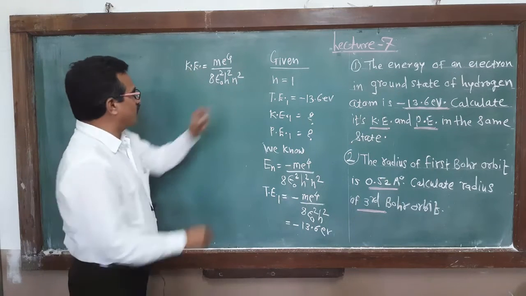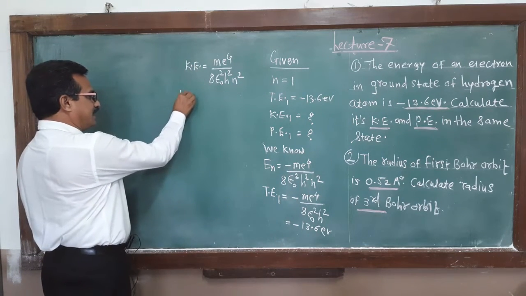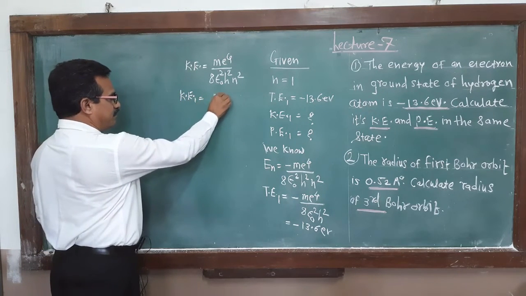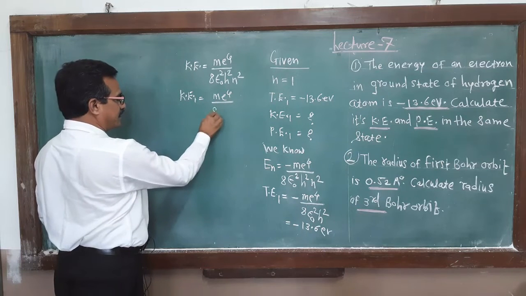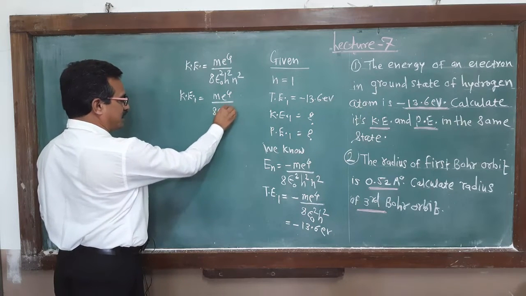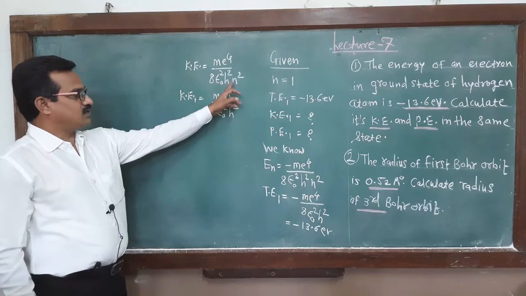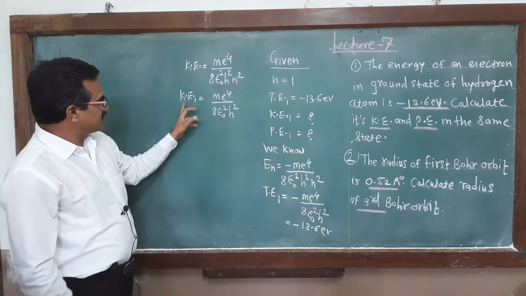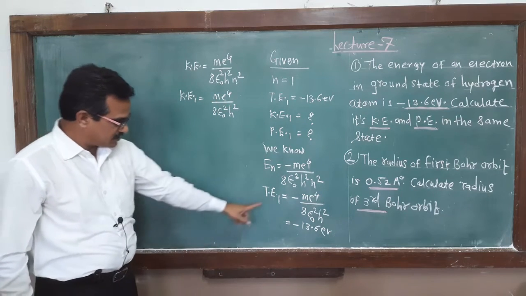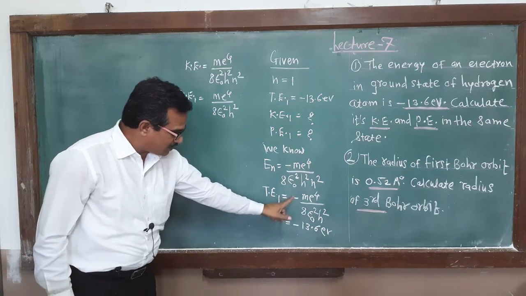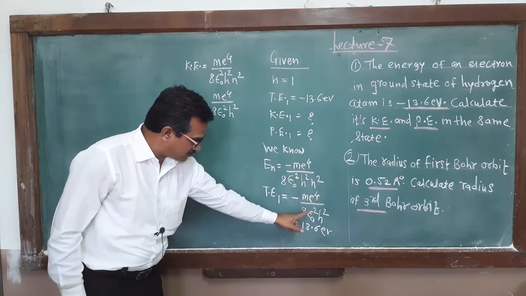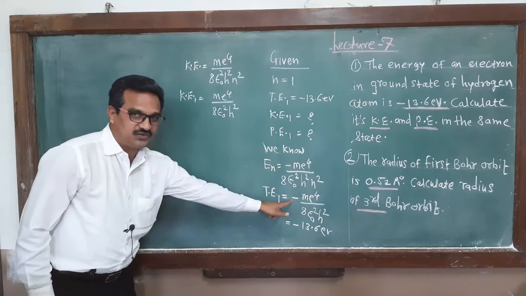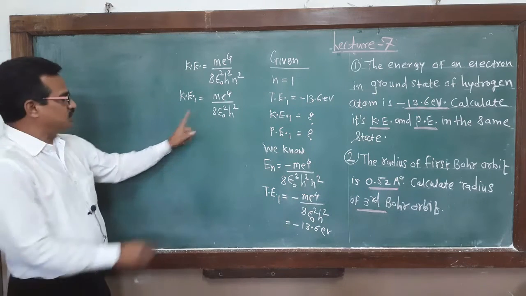But for the first orbit, kinetic energy is equal to m e raised to 4 divided by 8 epsilon 0 square h square, because the value of n is equal to 1, means n square is 1. See here, total energy is equal to minus m e raised to 4 divided by 8 epsilon 0 square h square. What is the difference? Total energy is negative and kinetic energy is positive.